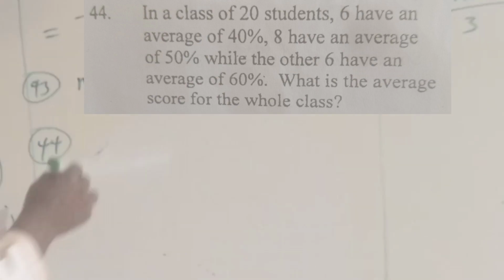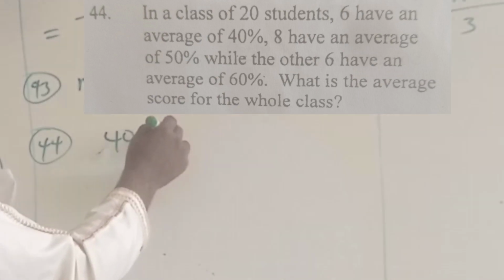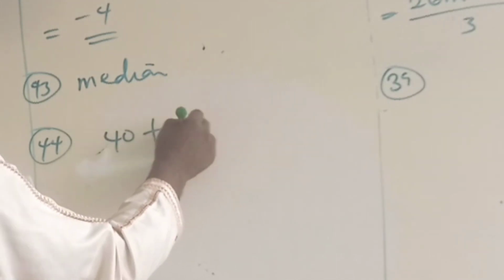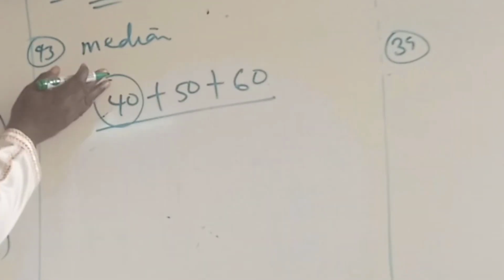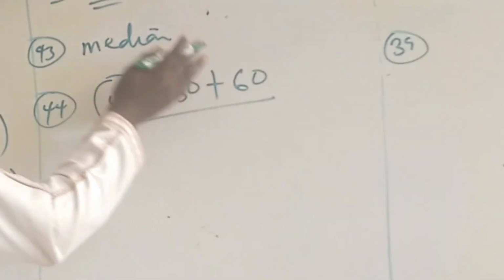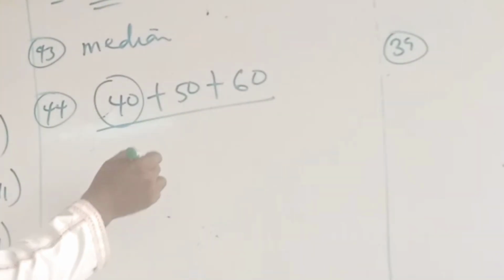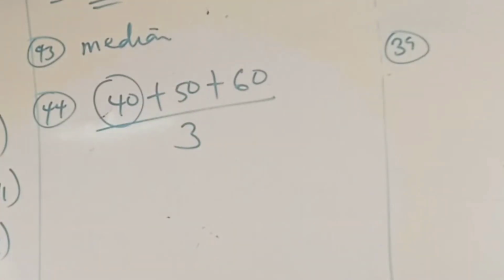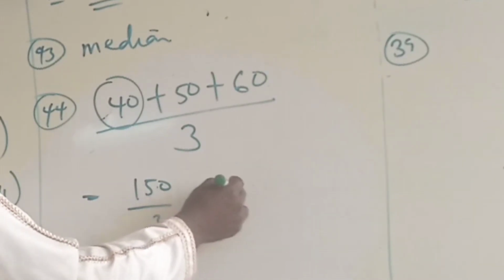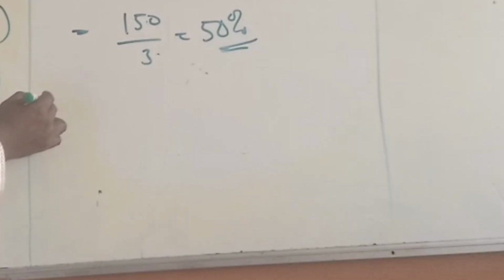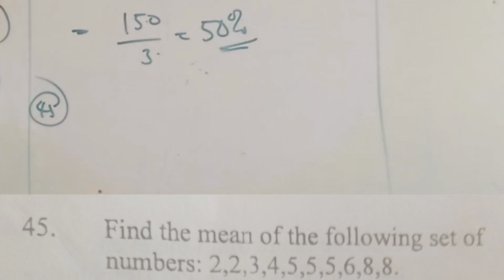So that means we have 40 plus 50 plus 60. Average of one set, average of another set, average of another set. So we have 3 sets here. So that's 150 divided by 3. That gives us 50%.